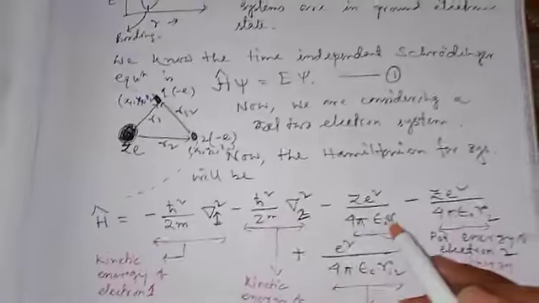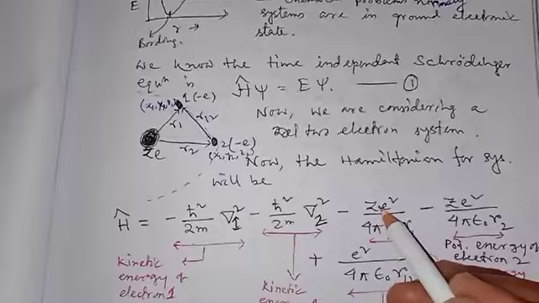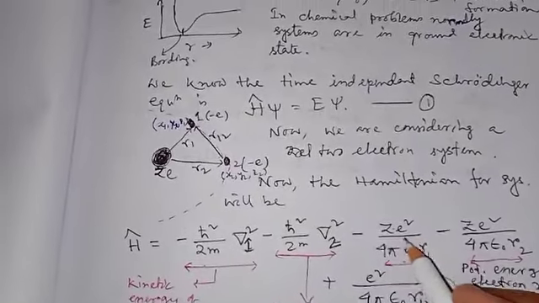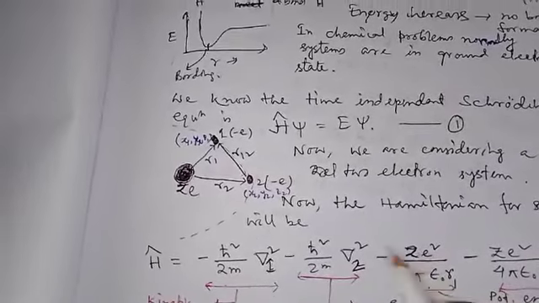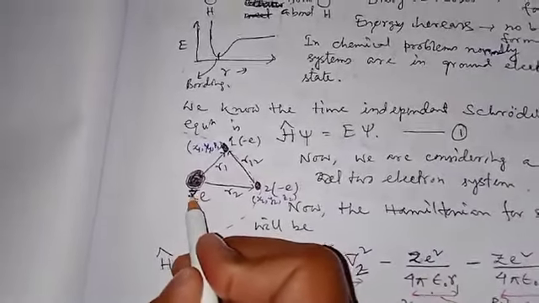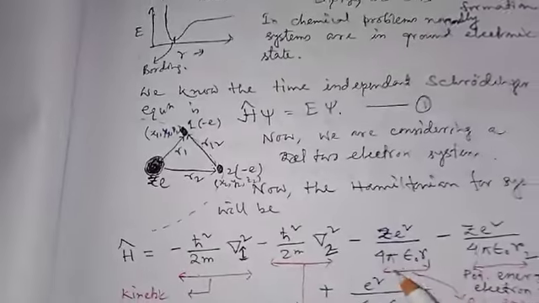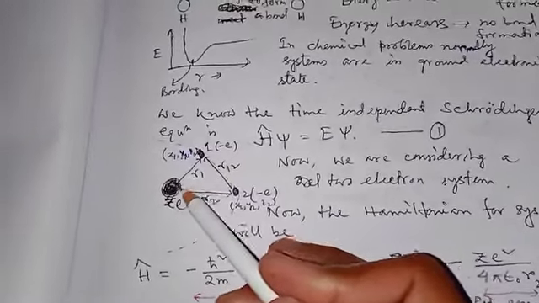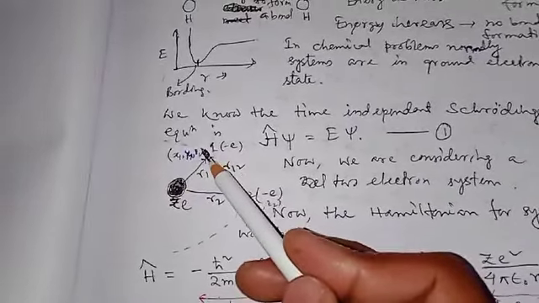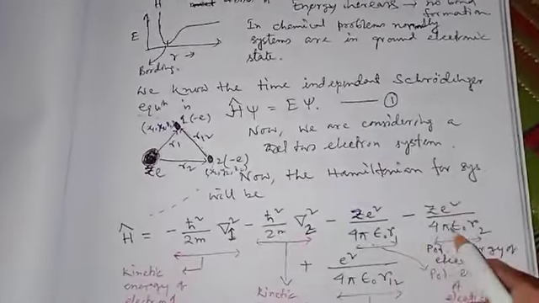Now the third term will appear for the attractive force working on electron 1, so Z square by 4 pi epsilon 0 r1, where Z is the charge, because the distance between the nucleus and the first electron is r1, and similarly for the second electron that will be r2.